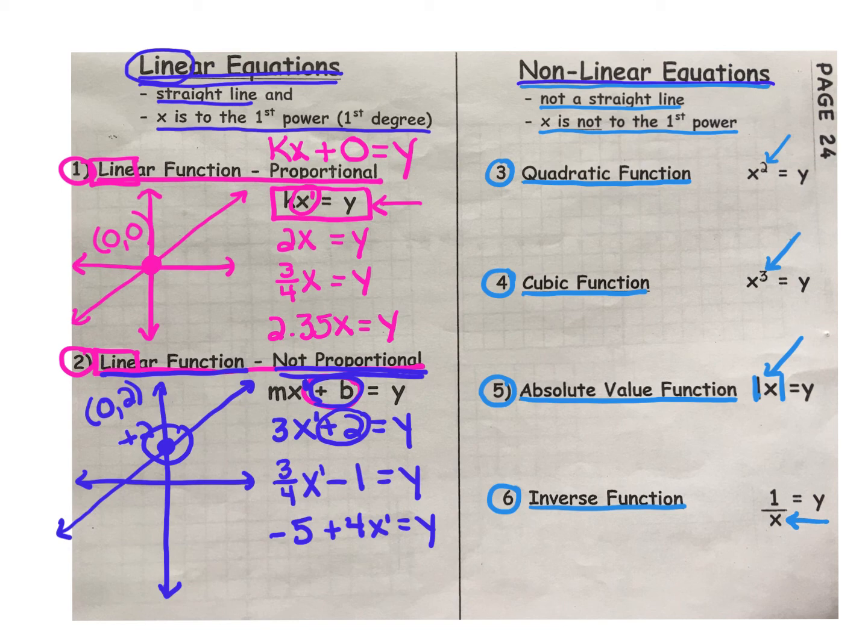Now, if we write x in the numerator, we would write it like this: x to the negative first power equals y. Now, how do each of these look when we graph them? Well, take a moment, pause your video, and draw a coordinate plane for number 3, 4, 5, and 6.